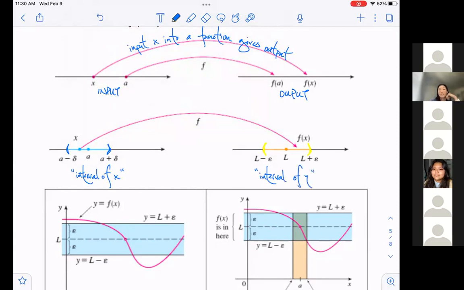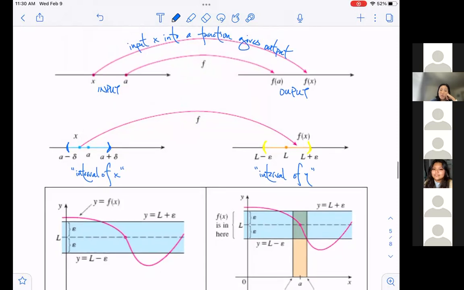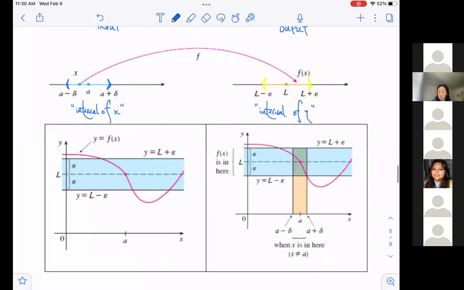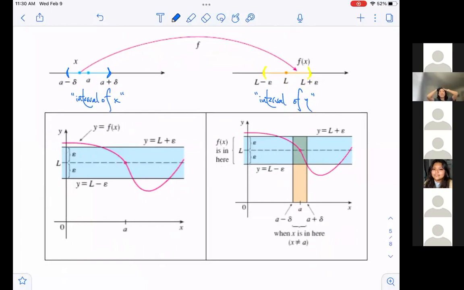So we're going to take intervals of the x's and port them over to intervals of the y. This is a very mathematical thing, but let's bring this back to something that perhaps we can all relate to.